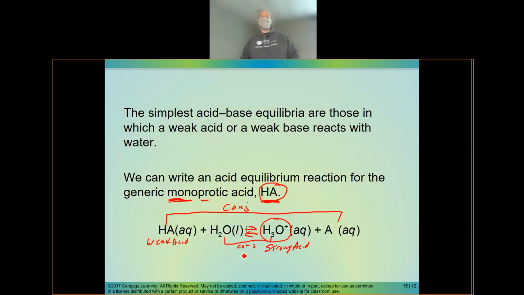Remember, your equilibrium always favors the weaker acid and base, and the weaker acid and base are always on the same side. So if HA is your acid, then of course H2O has to be your base. And since we know that HA is weaker than H3O plus, we know that this is also the weaker base. The weaker acid, weaker base are always on the same side. And so H3O plus is the stronger acid, A minus is the stronger base.